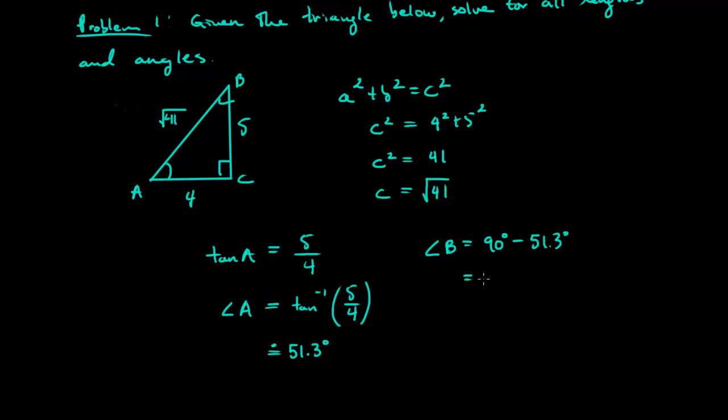And so angle B is 38.7 degrees. So now we've solved for all of the angles in this triangle. In the next part of this lesson, we will look at special triangles.